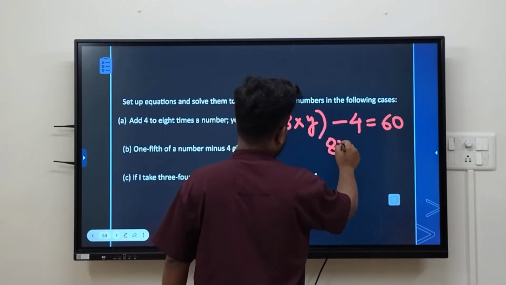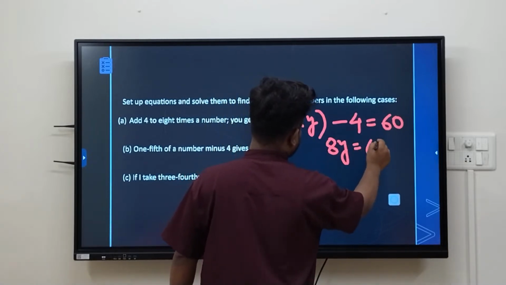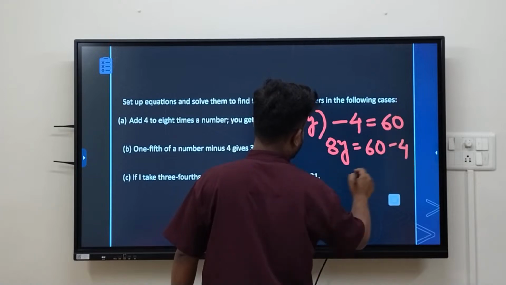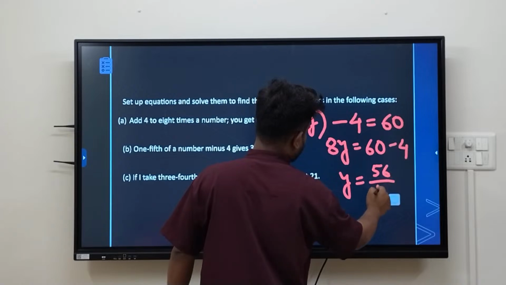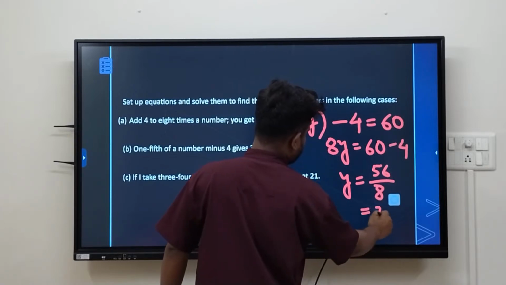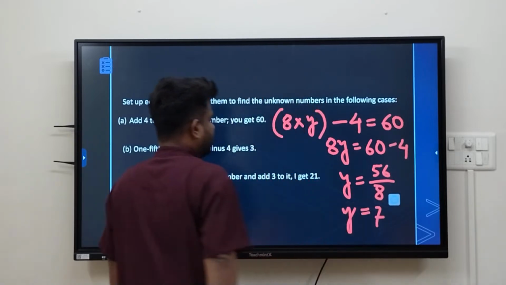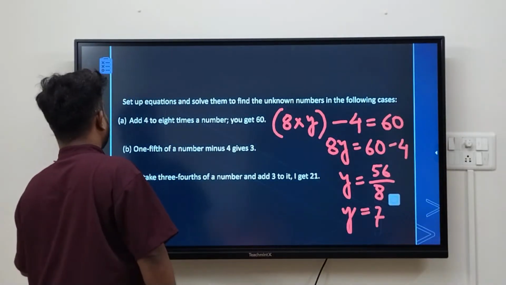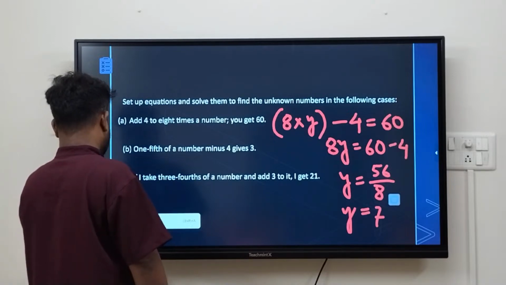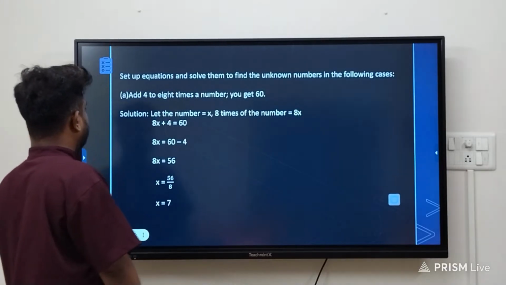So it will be 8y equals 60 minus 4. 8y equals 56, y equals 56 by 8. The answer will be 7. Okay, done. And these two you can try at your home. Okay, let's go to the next one.